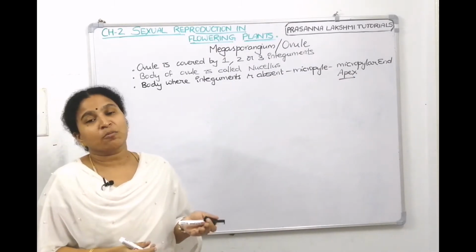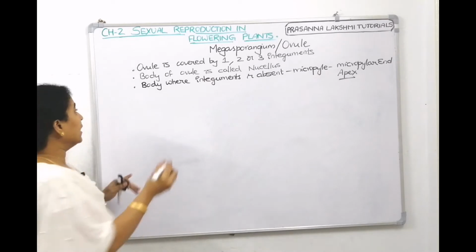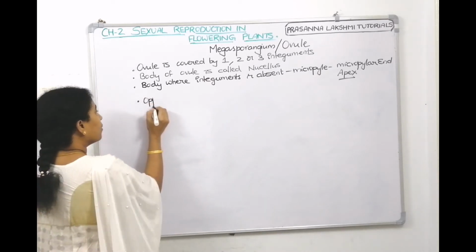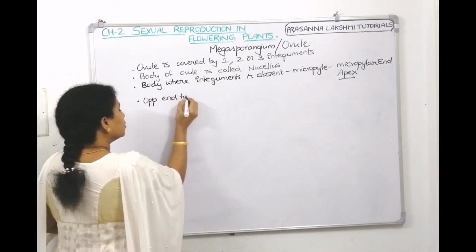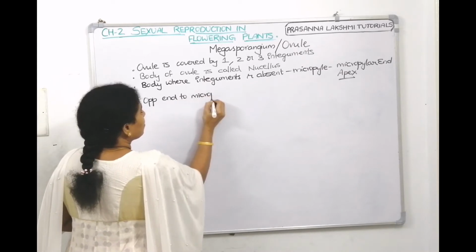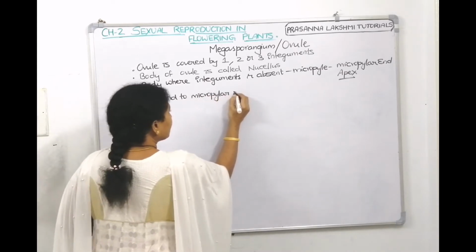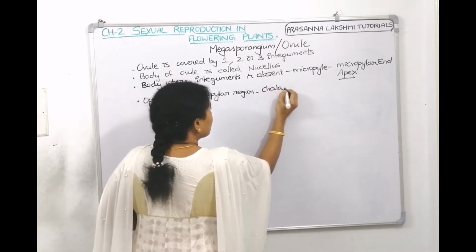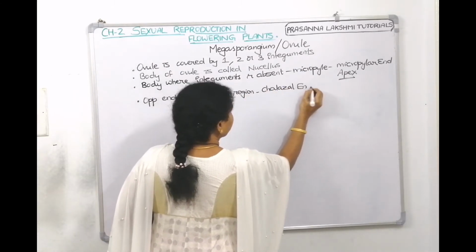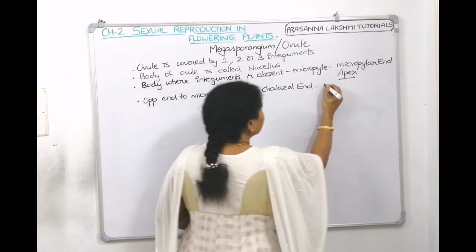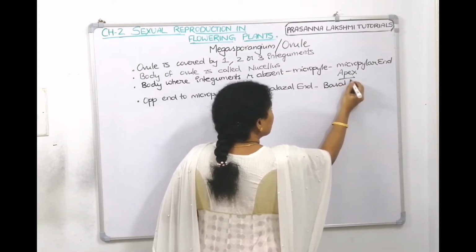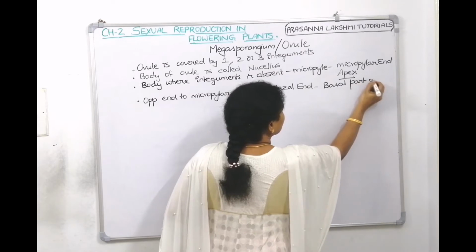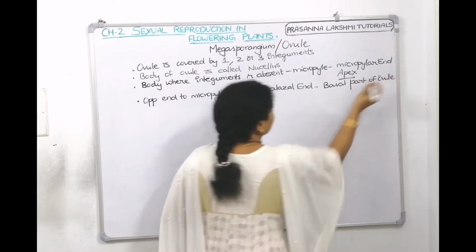The opposite end to the micropylar region is called the chalazal end. So the chalazal end represents the basal part of the ovule.